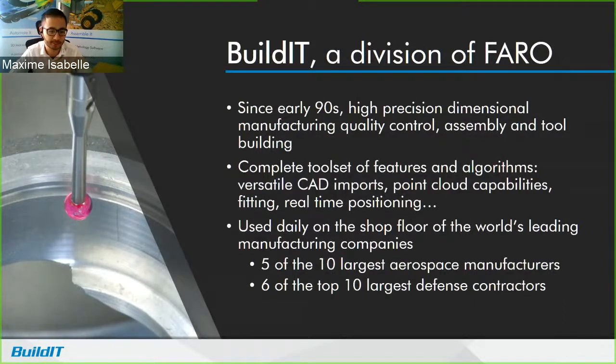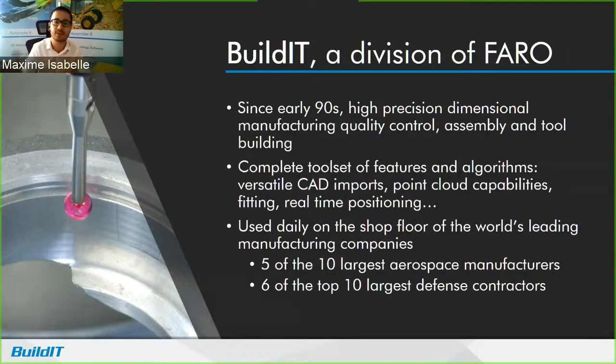As I mentioned, we come from a portable CMM background, and if you're a little bit aware of some of the software in the domain, there was a distinction where you could have these point-based software, so software that are more focused on the points themselves than features and all that.